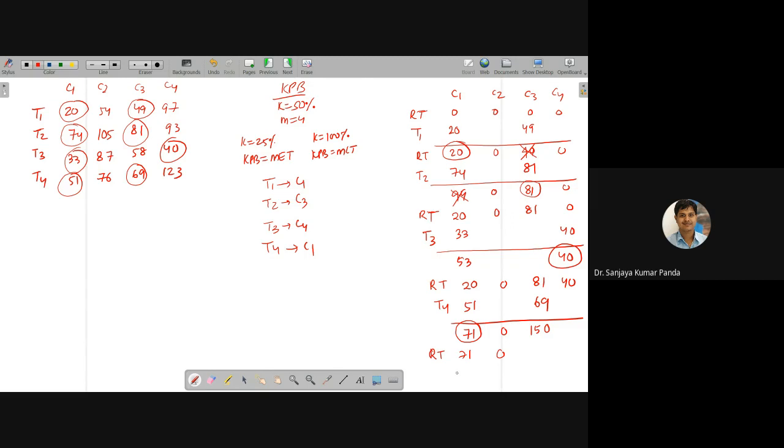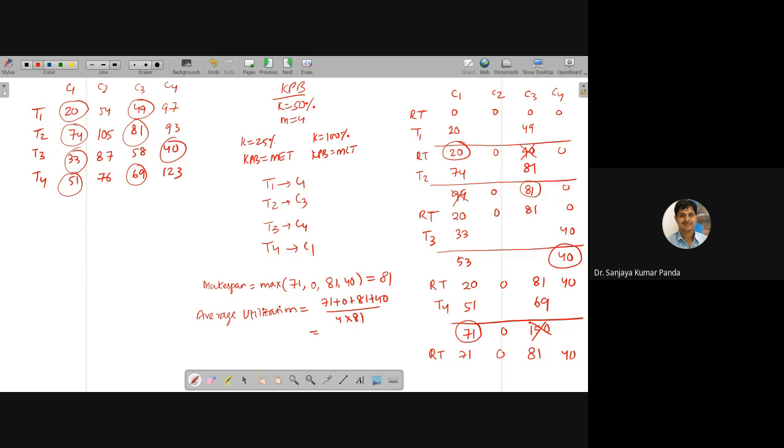And if you look into C3, it is 81, right? This is undone. Then the last one is 40. So if you calculate the makespan, it is nothing but the maximum of 71, 0, 81, and 40, which is equal to 81. Similarly, you can calculate the average utilization, which is equal to 71 plus 0 plus 81 plus 40 divided by 4 into 81.